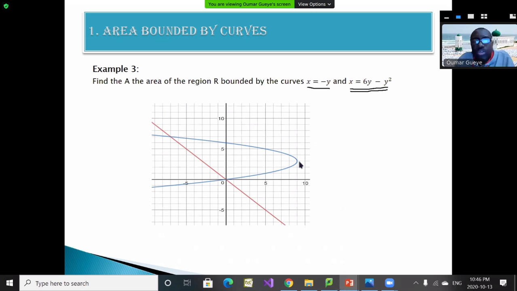But in this case, the two functions are in terms of y. It's different to the previous example. That's why you have this kind of parabola lying down on the x-axis, sorry. Because your parabola is in terms of y.